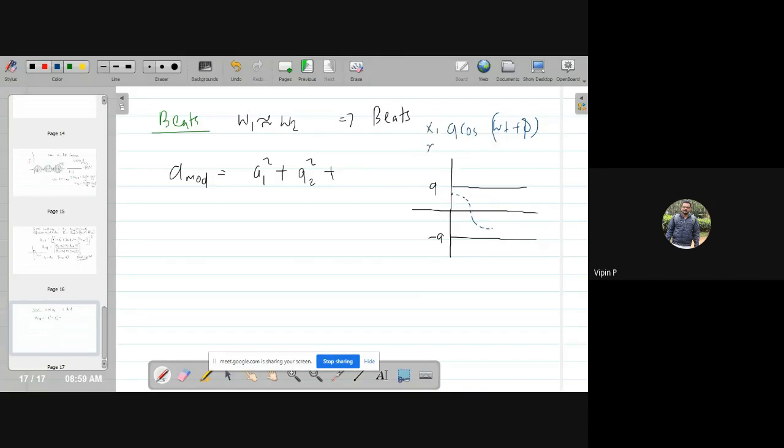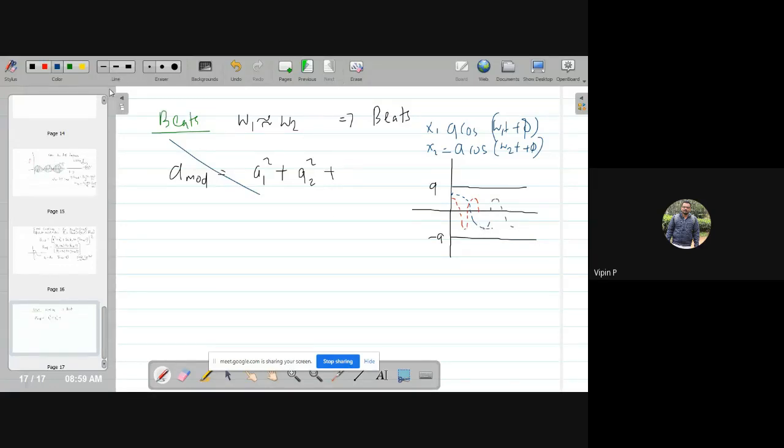Now this is x1. Now x2 will be A cos omega 2t plus phi. Right? So this should start from somewhere here. Maybe something like this. This could go something like this, and this could go something like this.